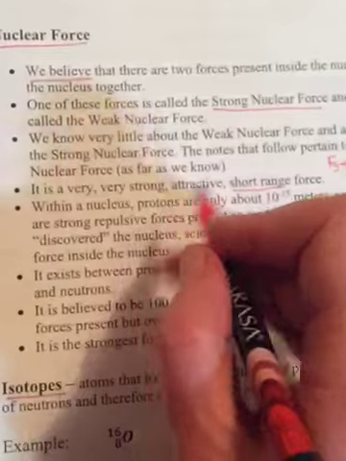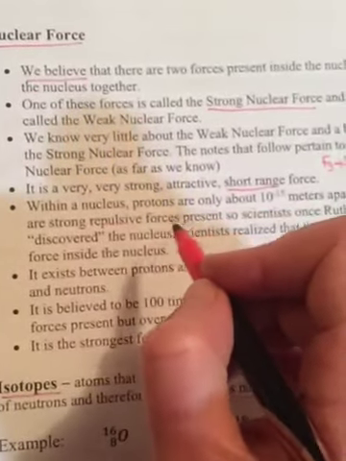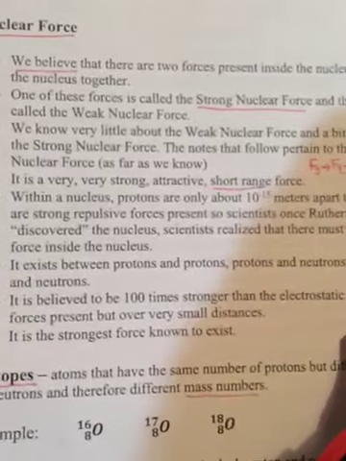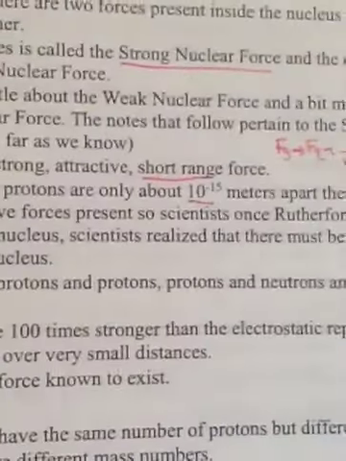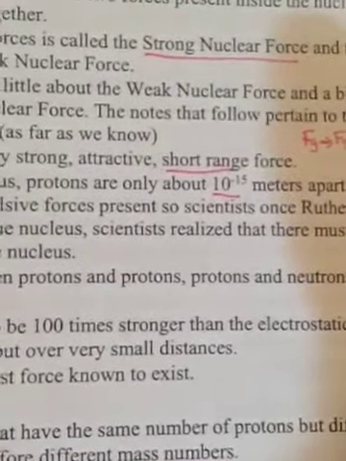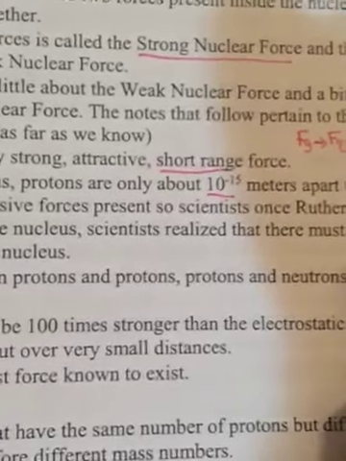This strong attractive force is actually between protons and protons, protons and neutrons, and neutrons and neutrons. But we think it's really only strong when they're about 10 to the negative 15 meters apart. When they get further apart than that, it drops off.